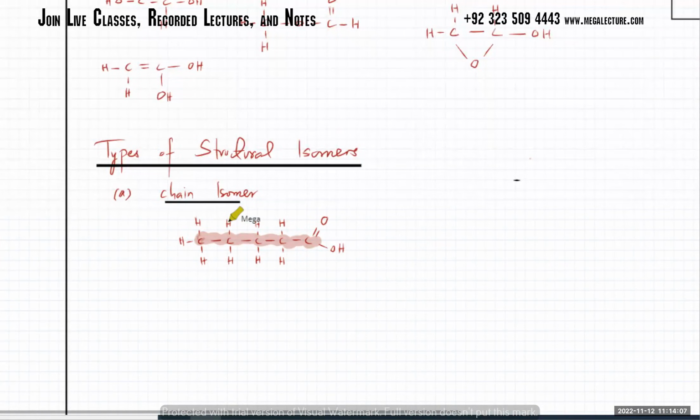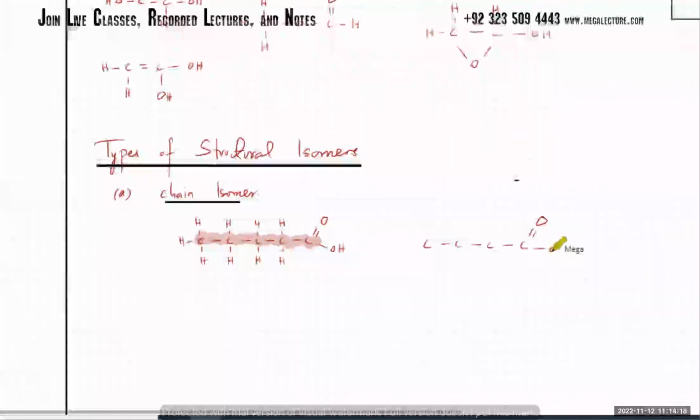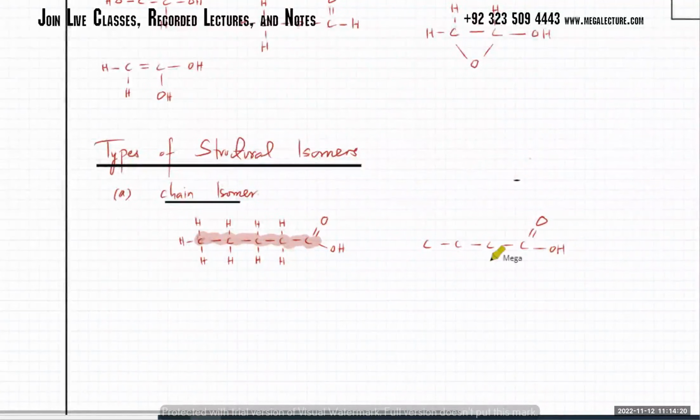So what you can have in this other isomer is 4 carbon atoms in a row, and one of the carbon atoms will be branched. You've changed the arrangement of the branches. Okay, so that is what is meant by chain isomers. So the focus is only on rearranging the carbon atoms.